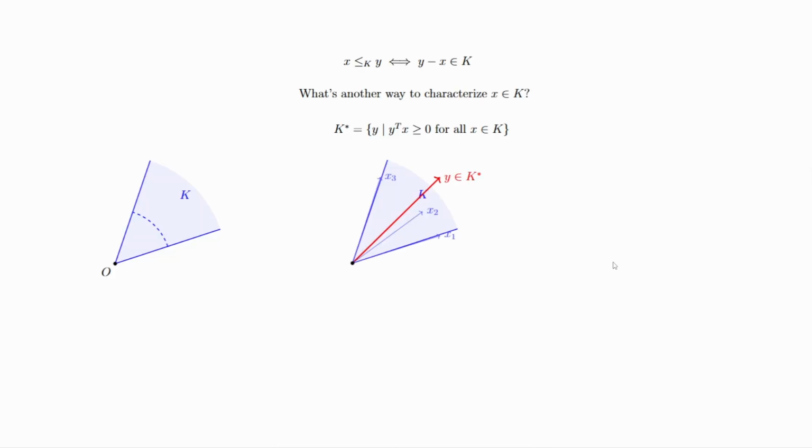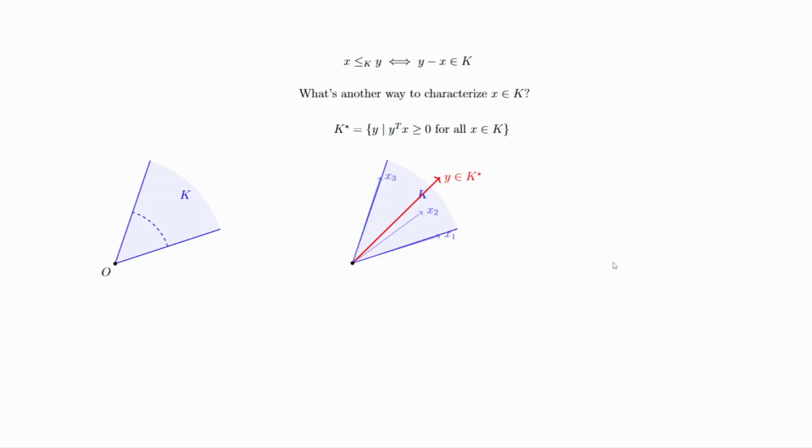On screen in the middle here, we can see the different vectors in K, x1, x2, x3, and you see some y vector pointing in a similar direction. We can see, just visually speaking, that the dot product between this y and all the vectors, x1, x2, x3, and all the rest of them in K must be non-negative.